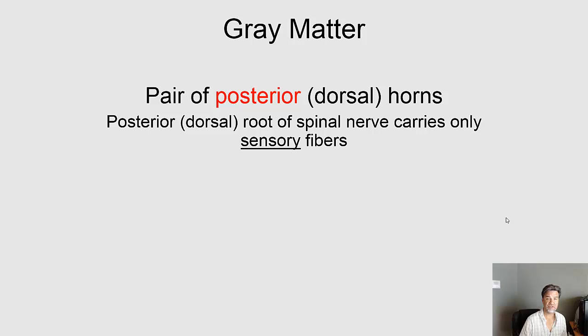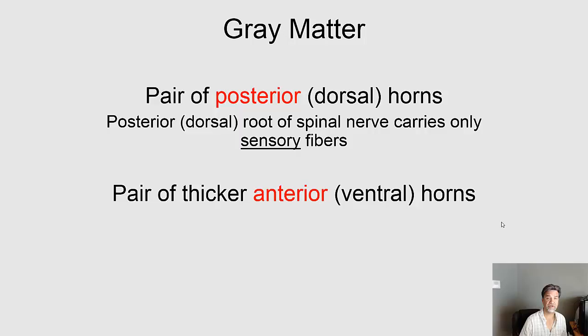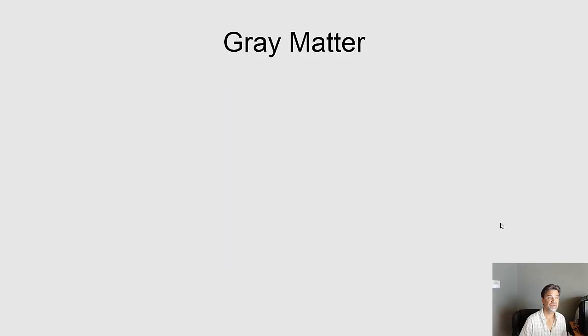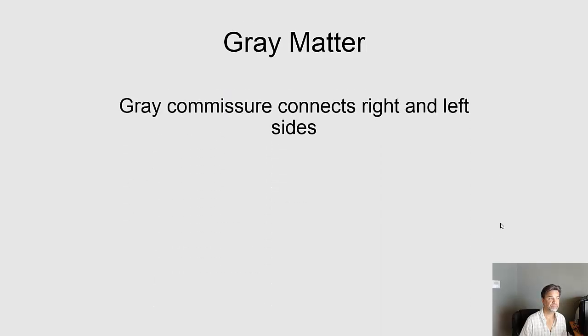And the axons are going to synapse on the cell bodies in this particular area, the posterior or dorsal gray horns. Then there are the a bit thicker anterior or ventral gray horns, where the motor fibers project out into the ventral root.